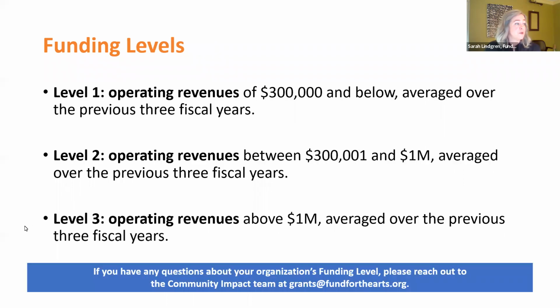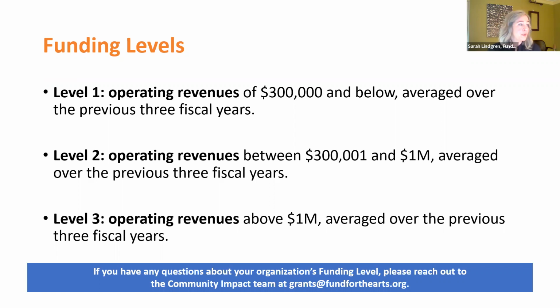Funding levels. This is consistent with previous years, so this should look familiar to you. We focus on three different funding levels. Level 1 is organizations that have an operating budget of $300,000 or under, averaged over the previous 3 fiscal years.